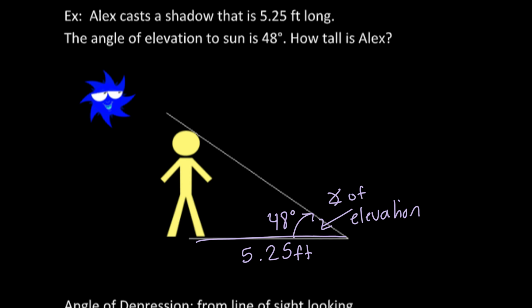And where's our X? The person, right? We want to know how tall Alex is. His height is X. Now, how do we solve for X? How do I know I use trig here? What's my clue?